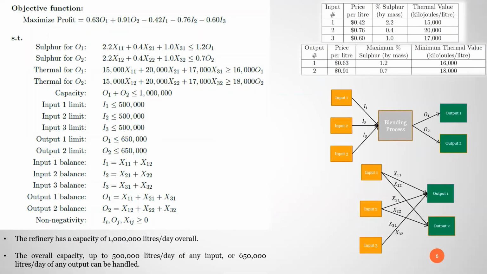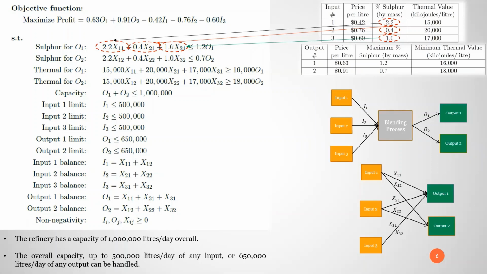Let's go for the constraints that I have in this problem. As we discussed before, the amount of sulfur in each output should not exceed a certain amount. For output number 1, it shouldn't exceed 1.2% of the whole product. We show it exactly the same way as in our example of 2 inputs and 1 output.